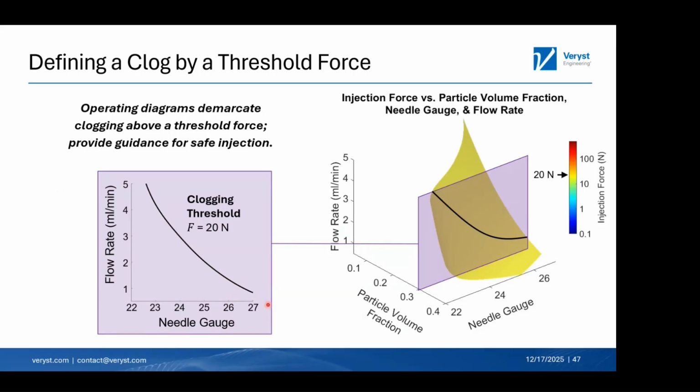If you have needle gauges higher, or equivalently needle diameters lower, than this, to the right of this line, or flow rates faster than this line, the force required to push the suspension through the needle increases and doesn't meet critical performance criteria. So that could be defined as clogged. Even though the suspension is technically flowing, the force required to cause it to flow is too high. So for at-home administration, not safe.